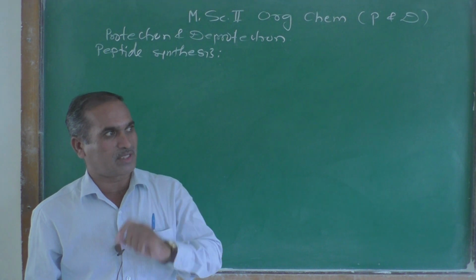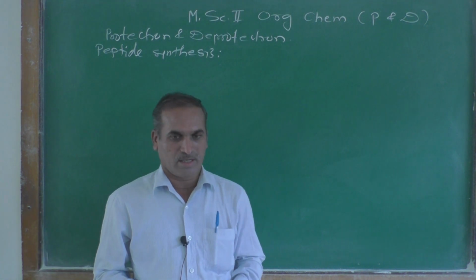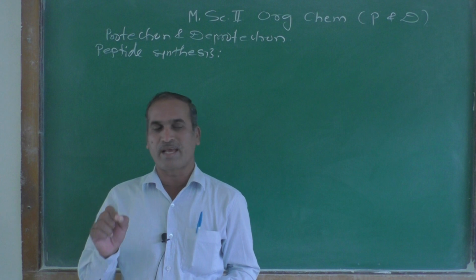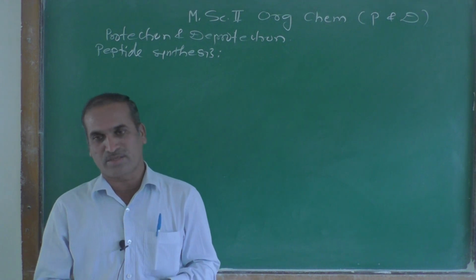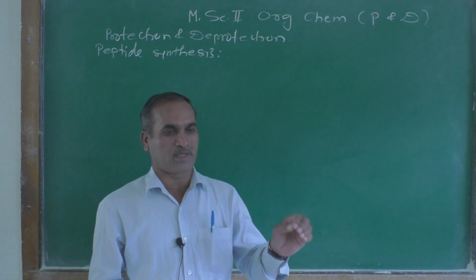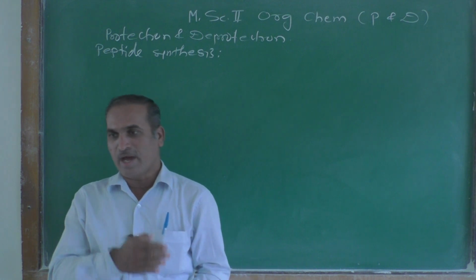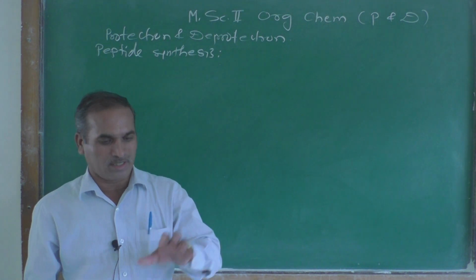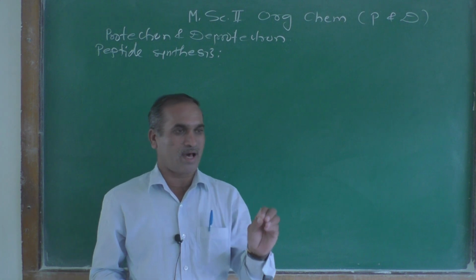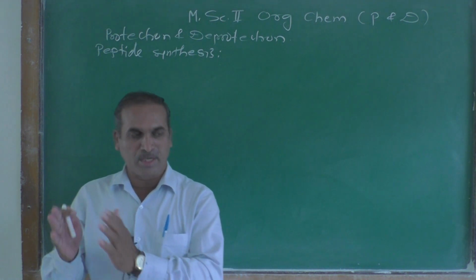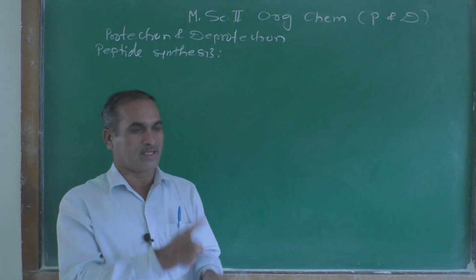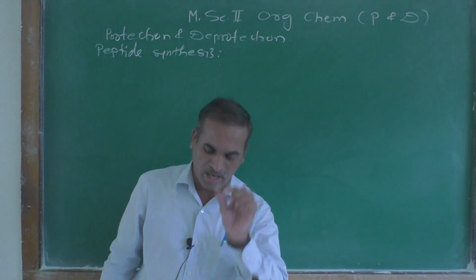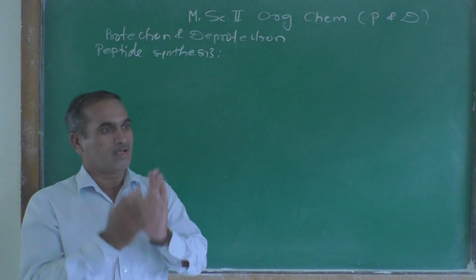Out of those 20, the first one, glycine, is achiral in nature. Achiral means it is optically inactive, and the rest of the 19 amino acids are chiral, optically active, and present in the L configuration.